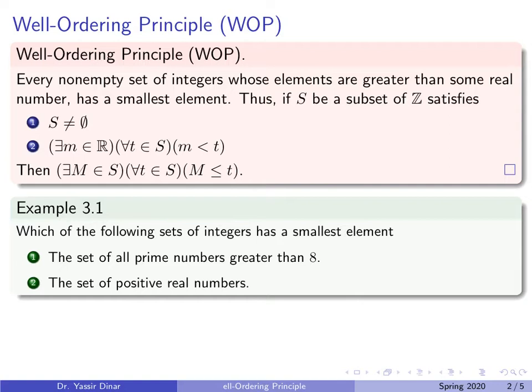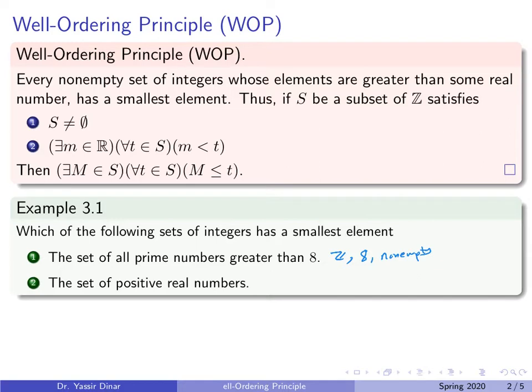The first set here is a subset of integers, and it is bounded by 8, and the set of prime numbers greater than 8 is of course non-empty. So it satisfies all the conditions of the well-ordering principle. So we can conclude that this set has a smallest element by using the well-ordering principle.